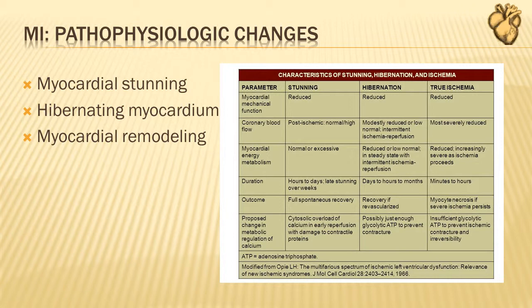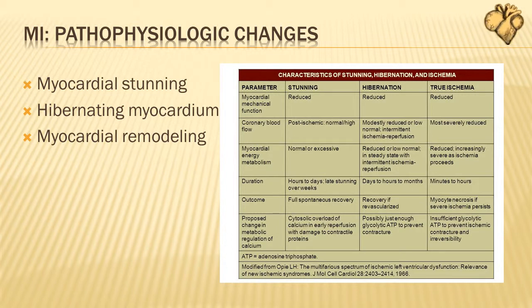Pathophysiological changes. You have myocardial stunning, which is basically the temporary loss of contractility that occurs in the injured area. And it can last for hours or days after the tissue has been reperfused. And it's basically because of the electrolyte pump disturbances, the calcium homeostasis, and the presence of toxic oxygen radicals that this happens.